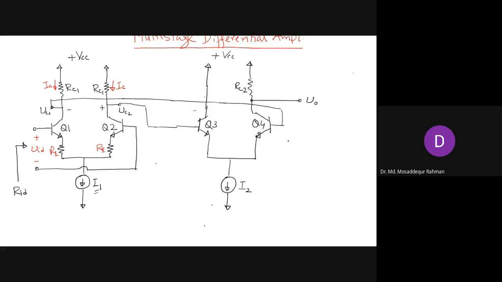So the output here, this is our VOD, the differential output of the first stage. This is how it will go to the input. So VOD will be here, this plus and this minus.